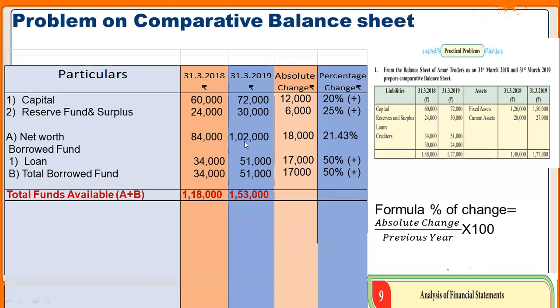In 31st March 2019, net worth is 1,02,000 and total borrowed fund is 51,000. Total funds available is 1,53,000. Absolute change 18,000 plus 17,000, that is 35,000, and percent is 29.66% increase.